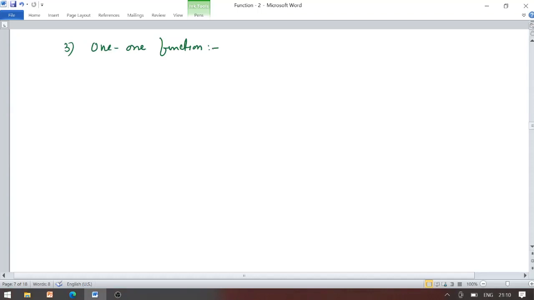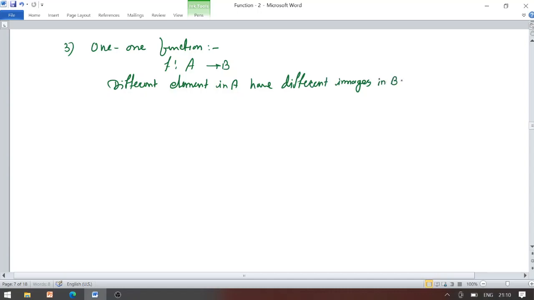Keep in mind, the function from set A to B is said to be a 1-1 function if different elements in A have different images in B. That means a unique element from A is related to a unique element in the set B, you might say.